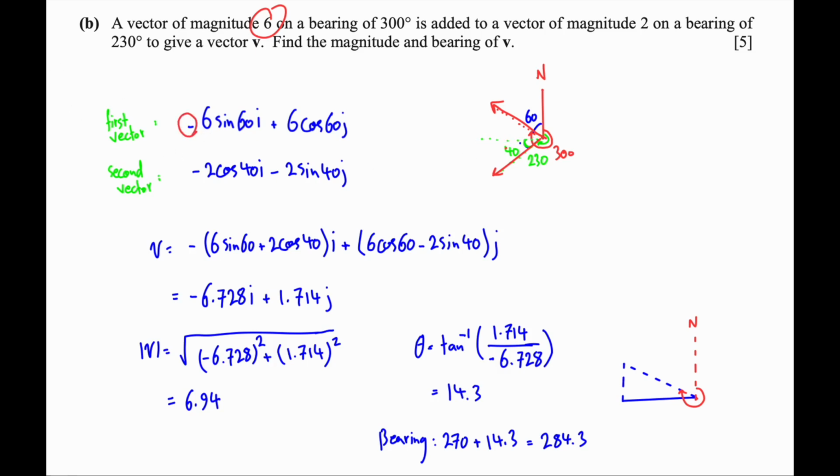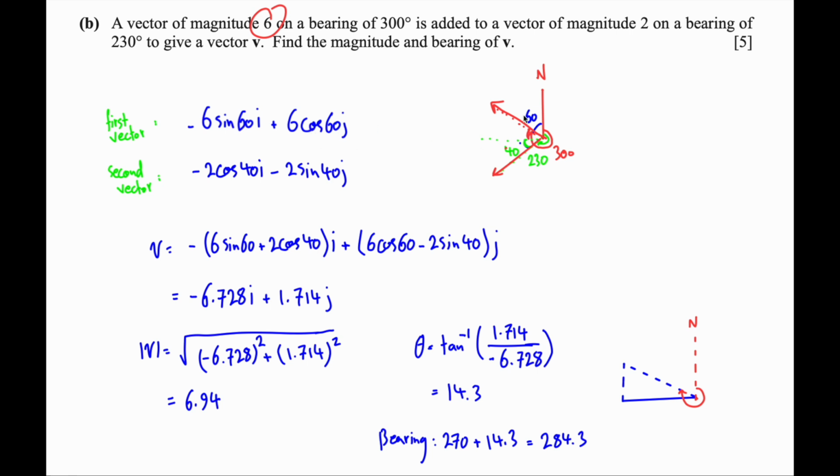Therefore, you should have a negative there. And then I used sine 60. Well, you could also use cosine 30 if you want. I just used the remaining angle to complete one revolution and get 360 degrees.